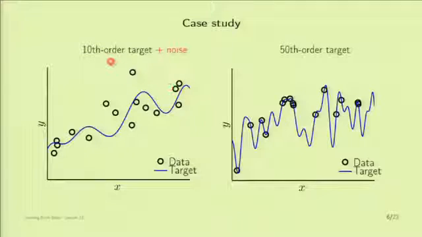One of them is a simple target, so to speak, with added noise that makes it complicated. This one is complicated in a different way. It's a high order target to begin with, but there is no noise. So these are the two cases that I'm going to try to investigate overfitting in. We are going to have two different fits for each target. We are in the business of overfitting, so we have to have comparative models.